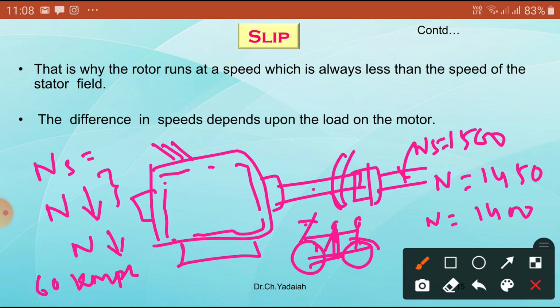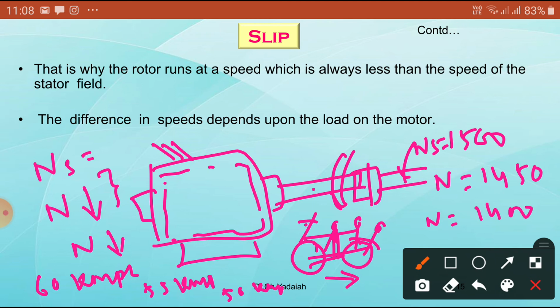It may not go at 60 kmpl, so automatically the speed reduces to only 55 kmpl. If another friend is added, three persons, then what will happen? The speed also decreases to only 50 kmpl. As you go on increasing the load on the vehicle, the speed of the vehicle also decreases.